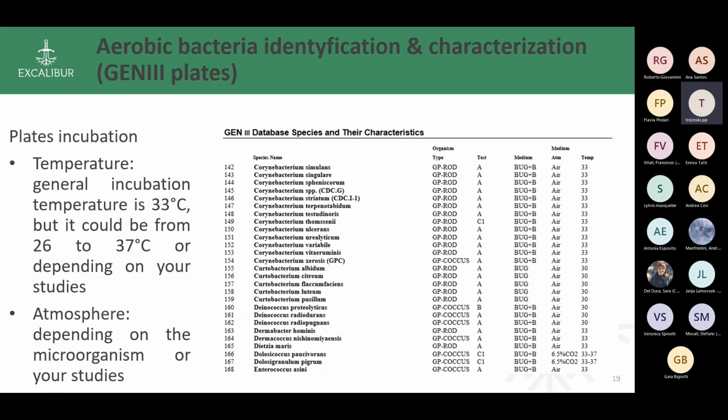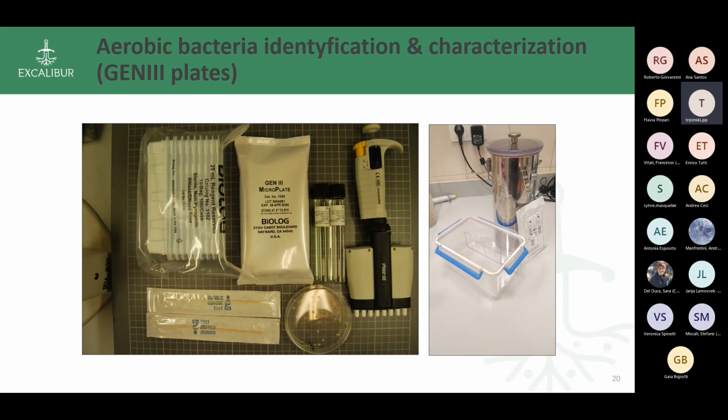Really, I did not find that information on the BIOLOG website, but probably my internet skills are not good at this moment. So this is everything you will need for performing the test.